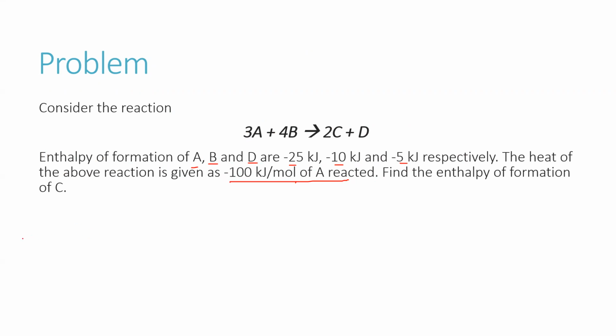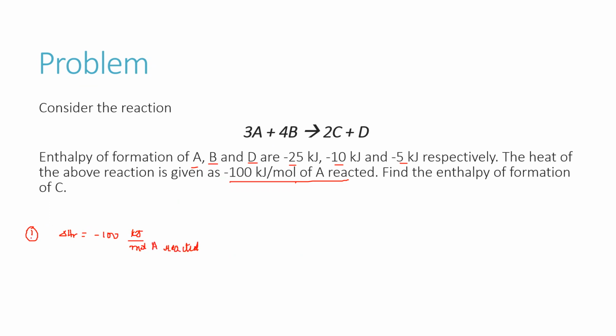Now, the first thing that they have given is the heat of the above reaction, or the enthalpy of the above reaction, which is minus 100 kilojoule per mole of A reacted.